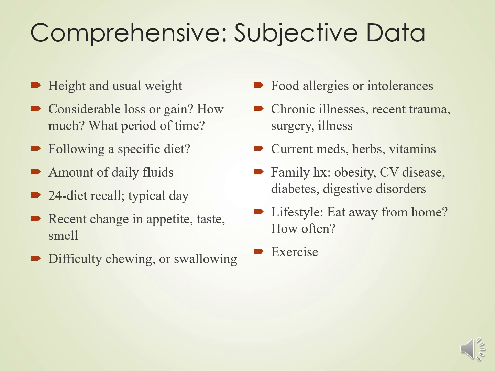Are they taking any vitamins or medications, any herbal supplements, things like that? You're always going to want to document those things. If you're talking to them about their lifestyle, definitely fast food is a consideration. Do they cook their own meals? Or things like that.